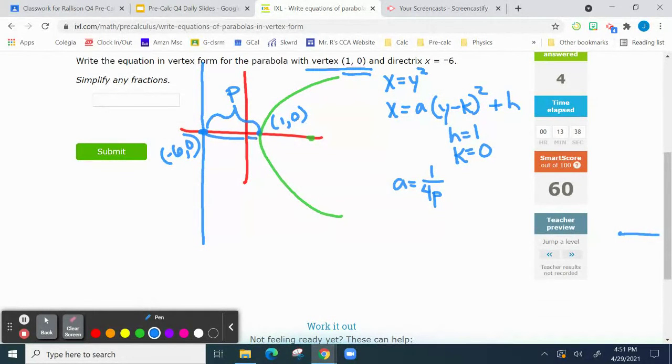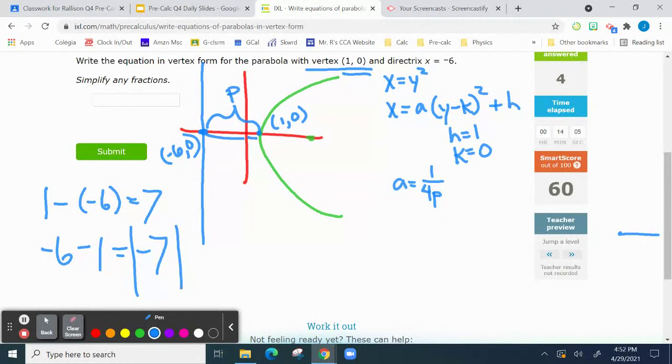You can do it either way: 1 minus -6 gives you 7, or -6 minus 1 gives you -7. But since we're talking about distance, we're always going to use the absolute value. So p equals 7, and a equals 1 over 4 times 7, which is 1 over 28. And now we know everything.